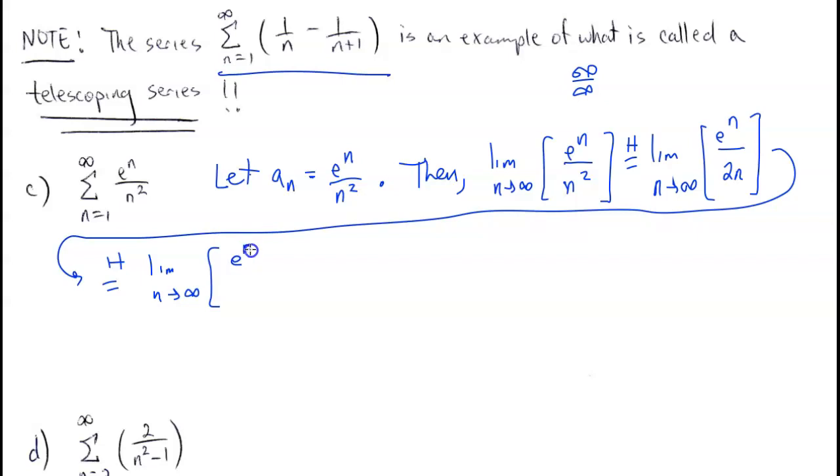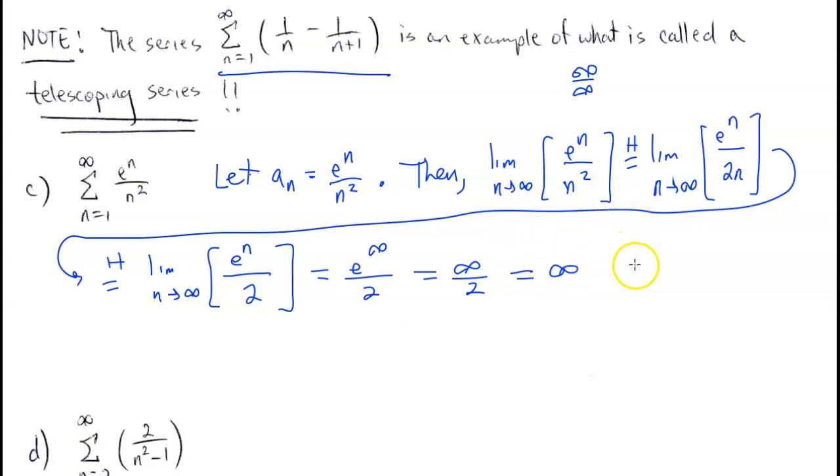So I take the derivative of the numerator, which of course is just itself, and the derivative of the denominator ends up being 2. Now when I plug in infinity, I have e to the infinity over 2, which is just infinity over 2, which just goes to infinity.